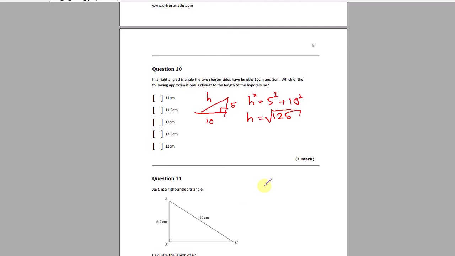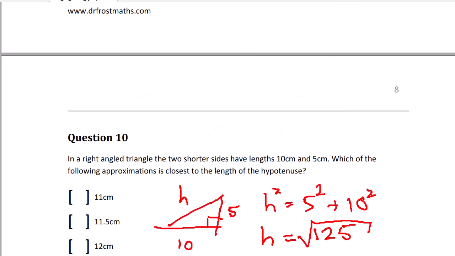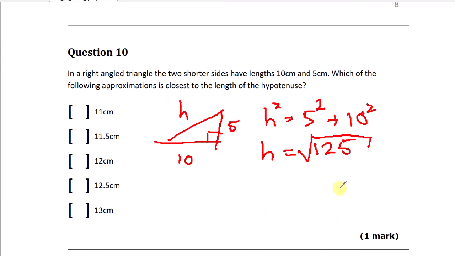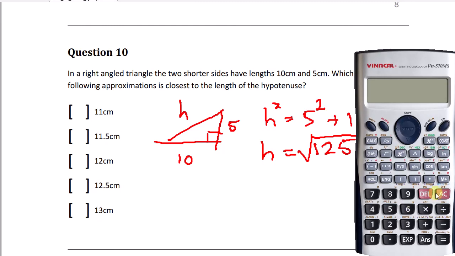Go to your calculator. I better zoom back in, by the way. There you go. And what's the square root of 125? So 10 squared plus 5 squared, square root of my answer.